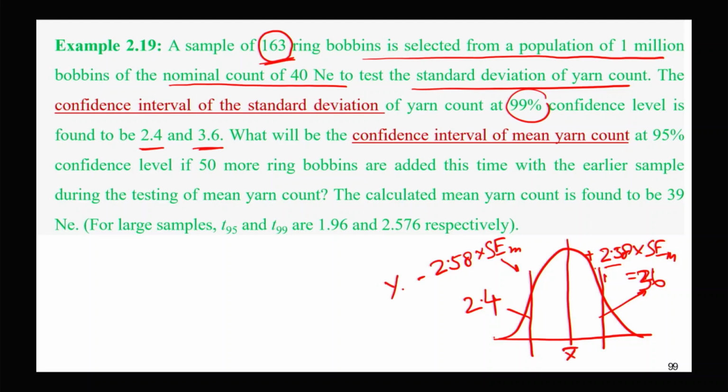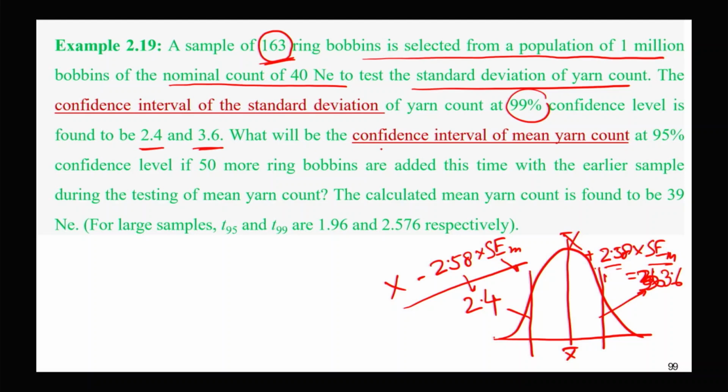So x bar minus 2.58 multiplied by standard error is 2.4, and x bar plus 2.58 into standard error is 3.6, which is given here.